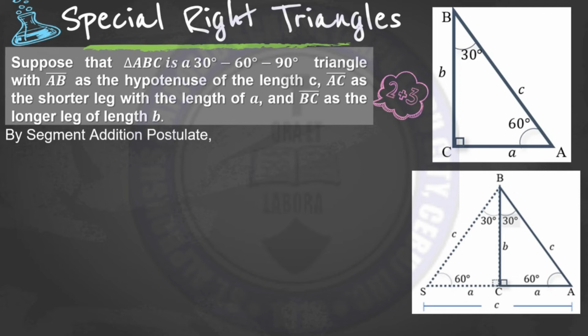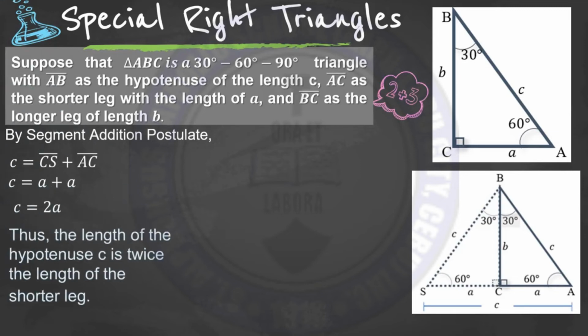By the segment addition postulate, we can say that c is equal to segment CS plus segment AC. Since segment CS and segment AC both have a length of a, you will have c equals a plus a. C is equal to 2a. Thus, the length of the hypotenuse c is twice the length of the shorter leg.